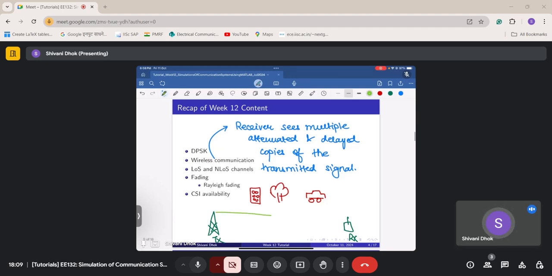This transmitter wants to communicate to this receiver, and if the direct link between your transmitter and receiver is available, then this kind of link is known as line of sight.